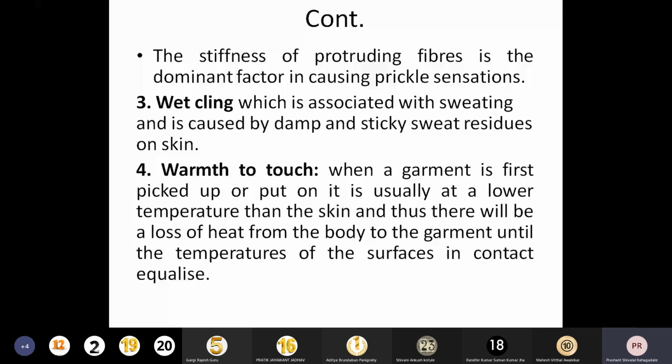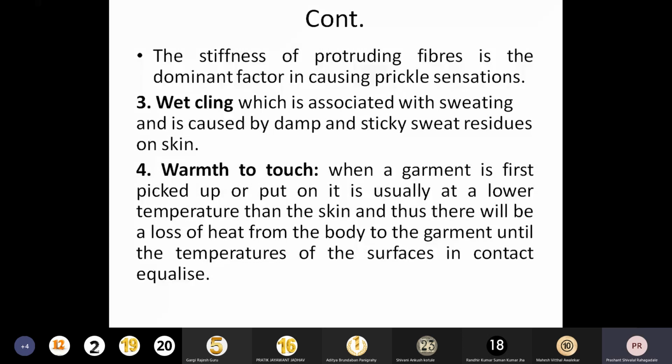आपके स्किन के ऊपर डैम्प लग रहा है, चिपचिप लग रहा है, क्यों लग रहा है? Because the fabric which is in contact with your skin, on that fabric area, suppose this particular sweat is accommodated or it is stuck to it, then we feel this type of thing that is called wet cling. अगर ऐसा हमको लग रहा है so that comes under the sensorial comfort, wet cling.